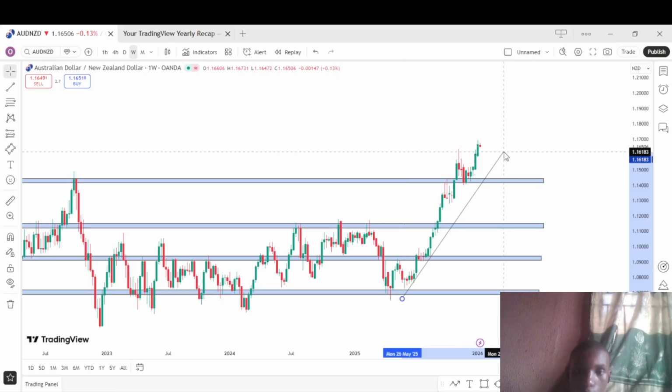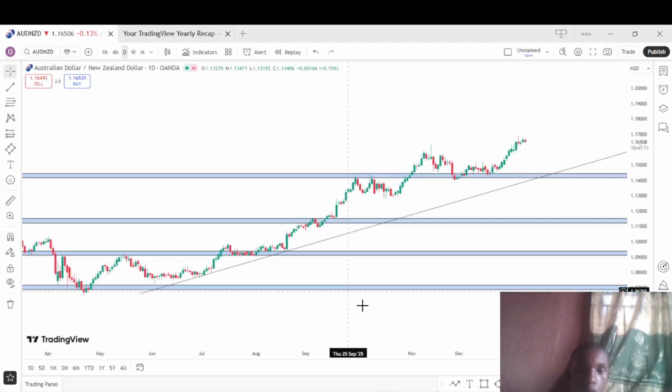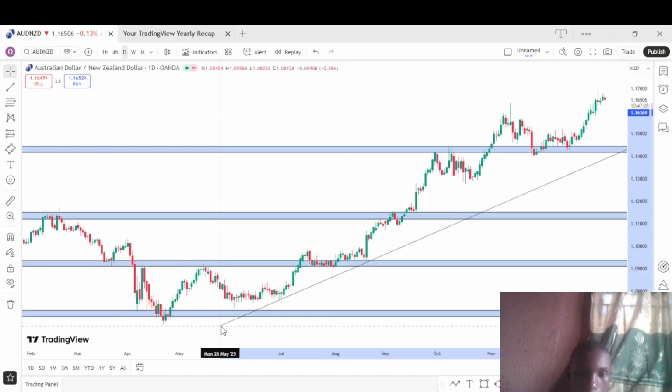Okay, let's adjust it on the daily. The weeks are not forming well on the weekly. So this is the week of this week.